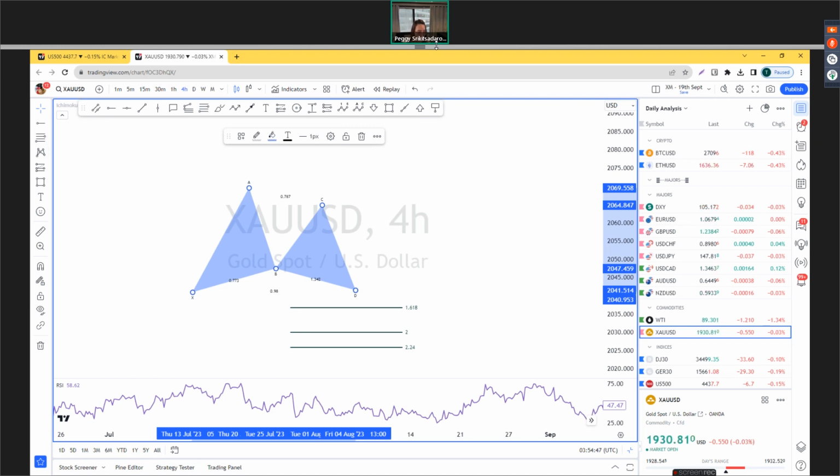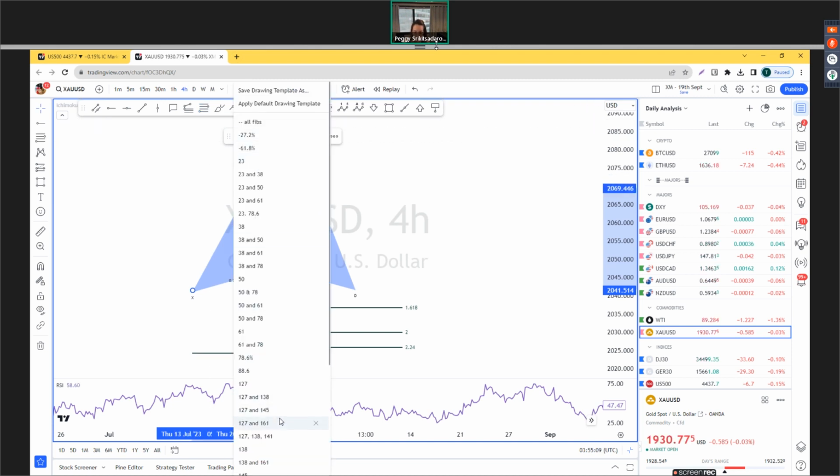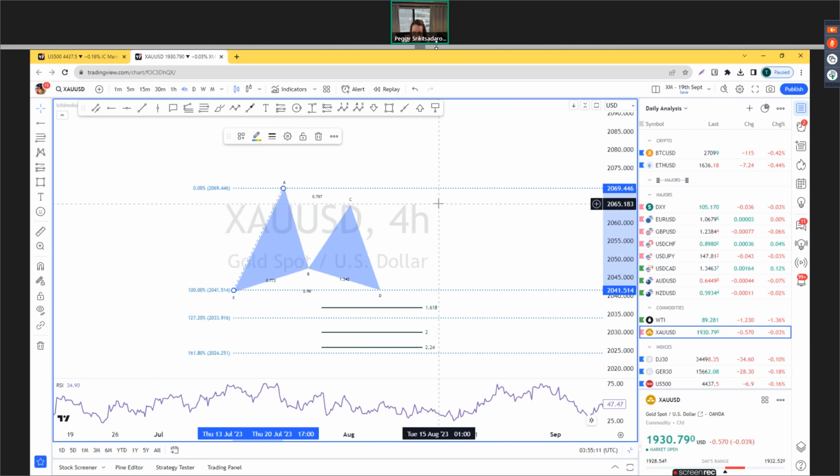I don't use this slide because I will stick to my own. Where's my slide here? Okay, XA. I will get the XA extension, which is 161, somewhere here.